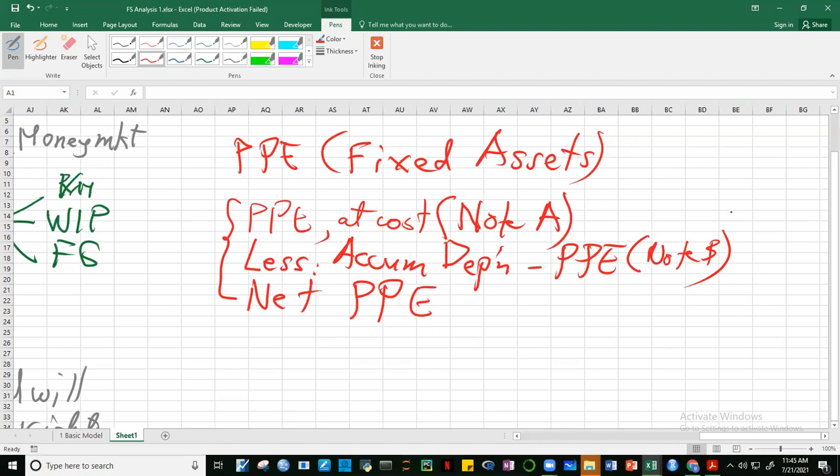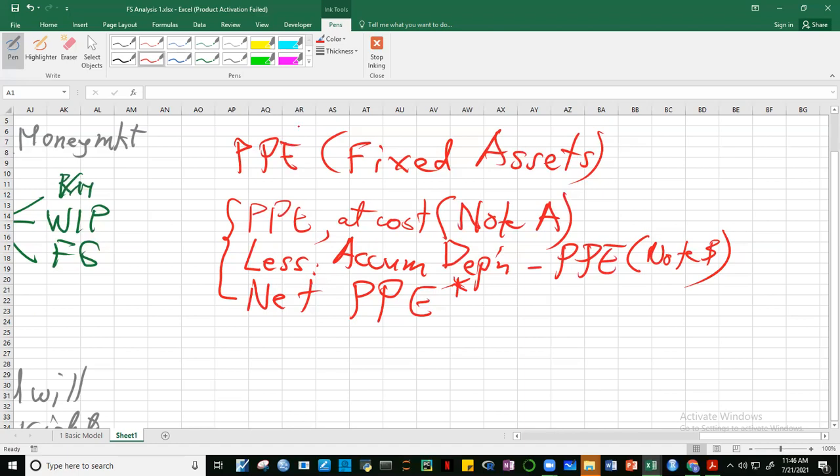So pag minus natin yan, guys, net PPE. Sometimes, ito lang ipapakita, net PPE. Of course, pag ginanyo lang, may note din yan. Okay, but net PPE is determined by PPE or fixed assets at cost less accumulated depreciation. You have your net PPE.